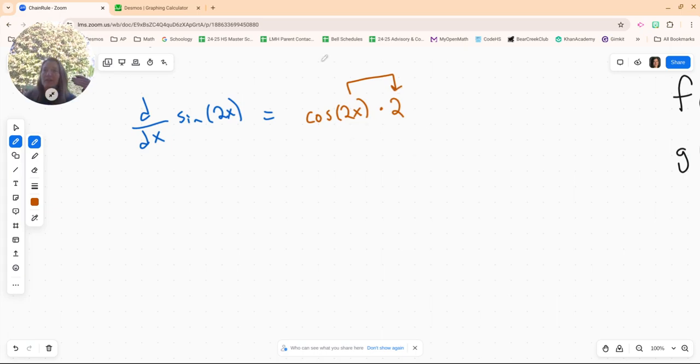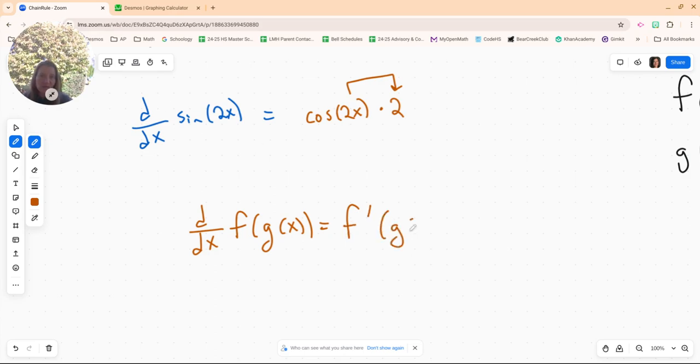Hopefully you agree that that's the derivative. All right, here's my generic formula. If I'm asked to take the derivative of f of g of x, I'm going to differentiate that outermost function, like sine became cosine, and leave the innermost function alone. But then I'm going to multiply by g prime of x.